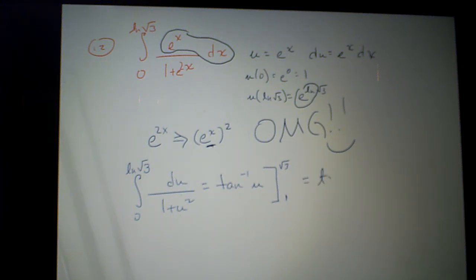So I have inverse tangent of root 3 minus inverse tangent of 1. Hello, algebra 1, get a common denominator. No, I mean elementary school. And I get pi over 12.